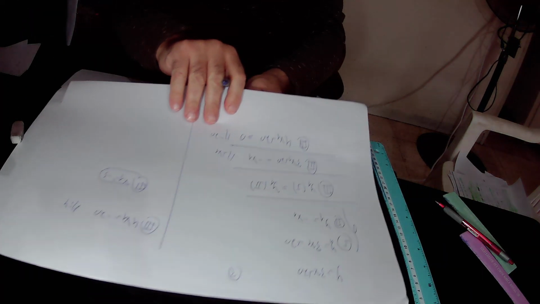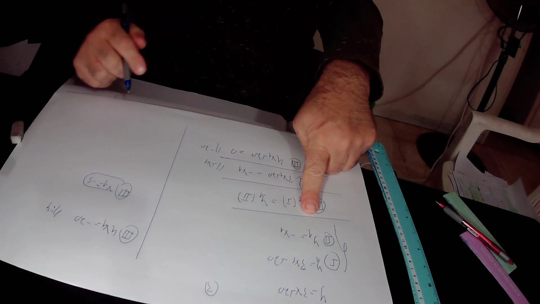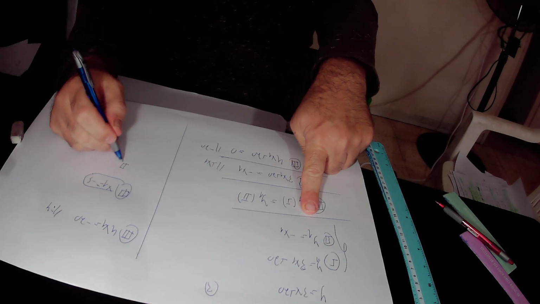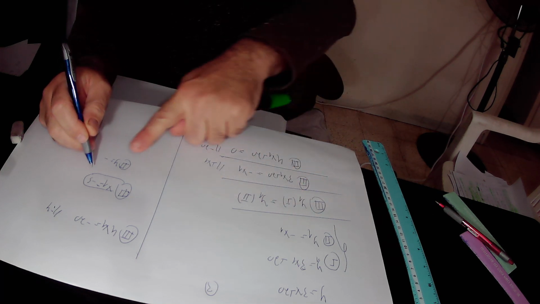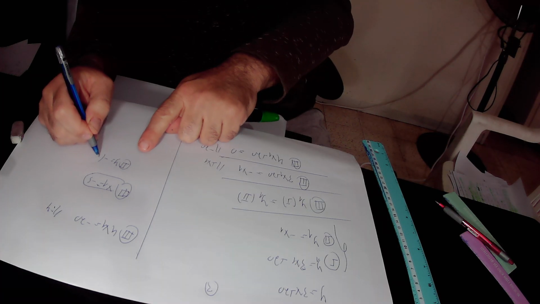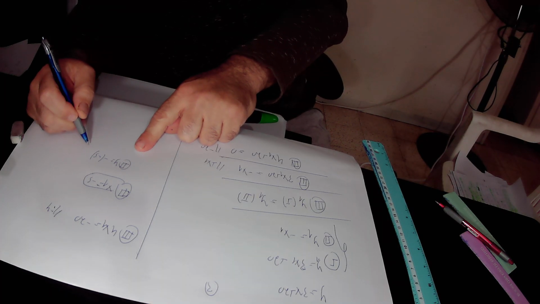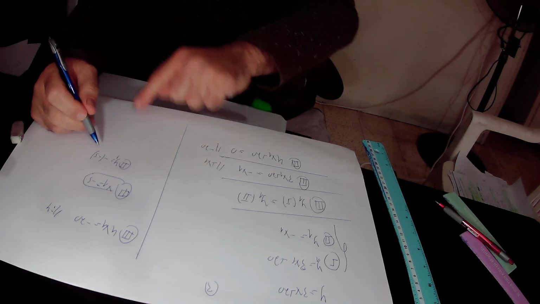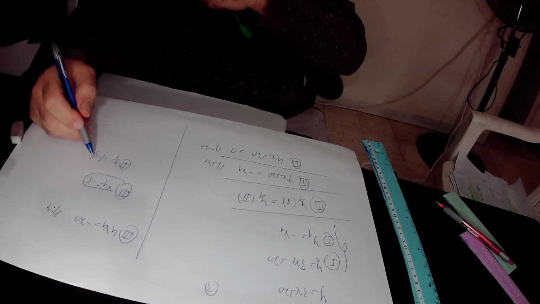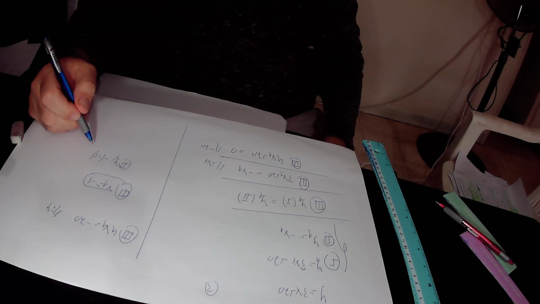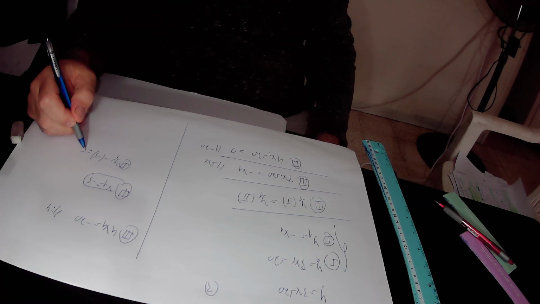And according to this equation 2, y1 equals minus x1. But x1 is minus 5. Again, y1 equals minus x1, and x1 is minus 5. So y1 equals minus minus 5, that is 5.